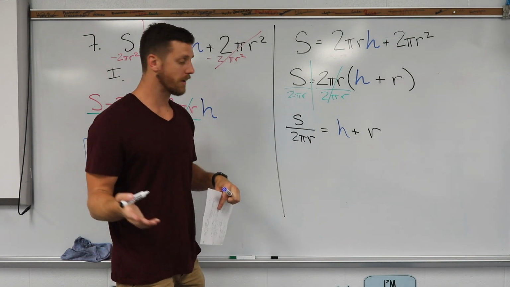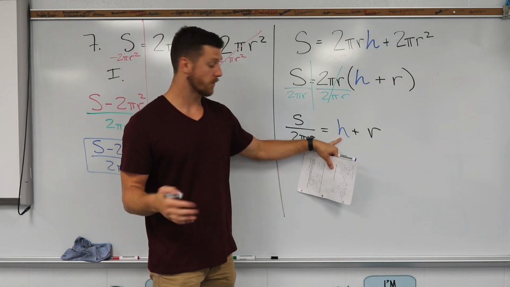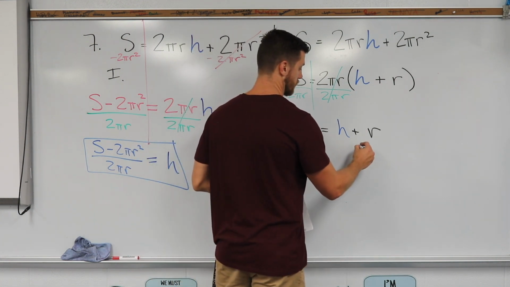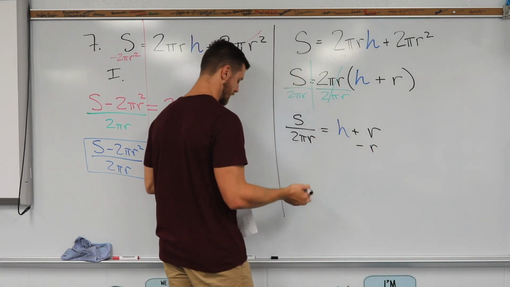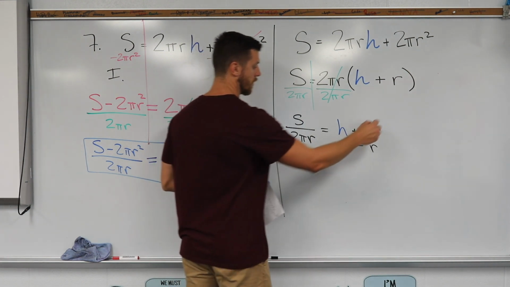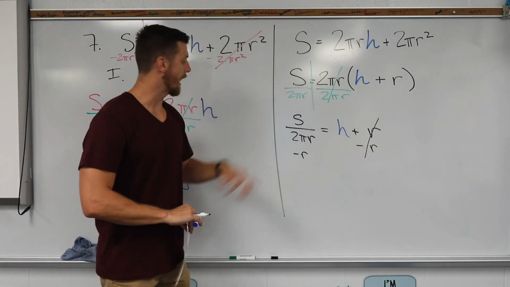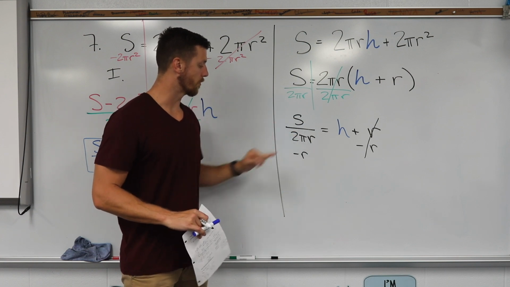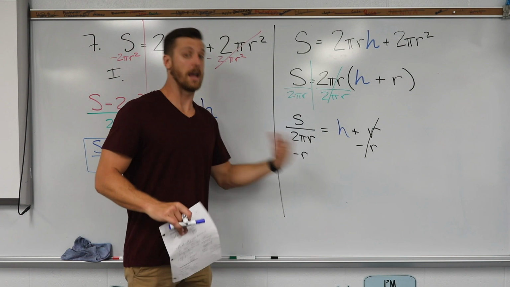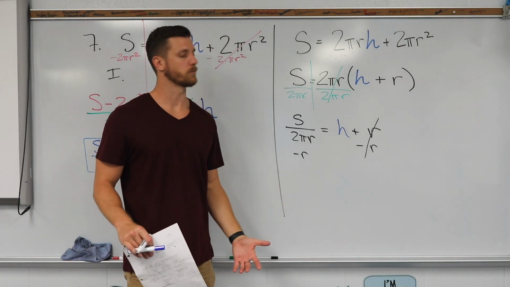Now the only thing I have left to get rid of, so the h is by itself, is the r. So I'll subtract it from both sides. Now let me ask you this. S divided by 2 pi r minus r: are S divided by 2 pi r and r like terms? No, they're not.